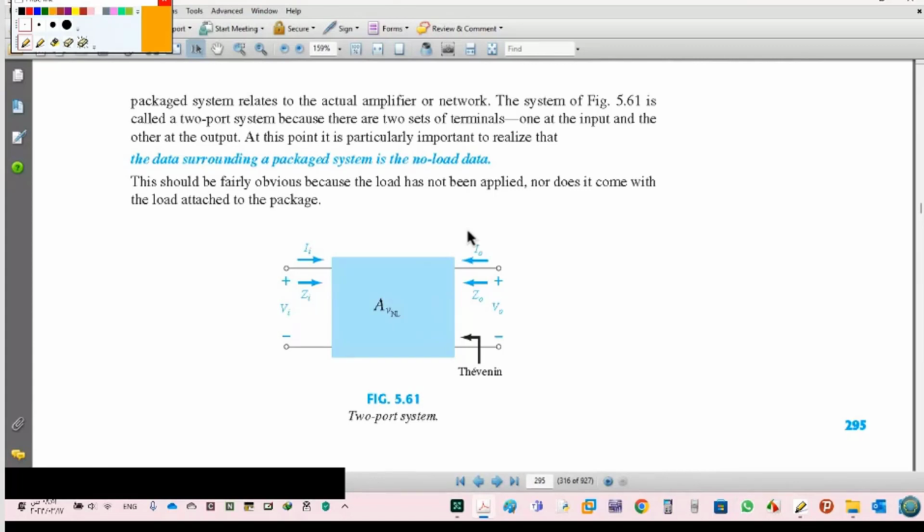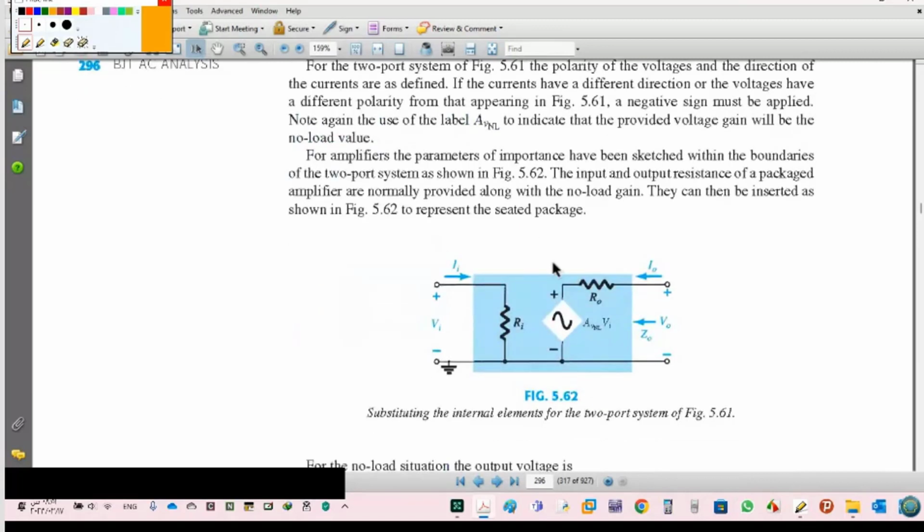So the hybrid model is another model that we can use in our study. If you open any catalog or data sheet for a transistor, you can find something, not re, h. What is this h? This is called the hybrid model. The hybrid model is based on many models. We have the V model, the I model, the Z model, the Y model, the hybrid model, the S model.